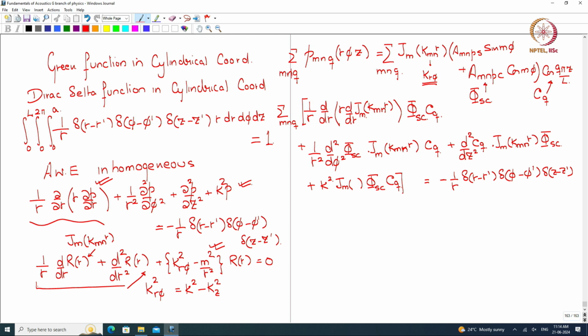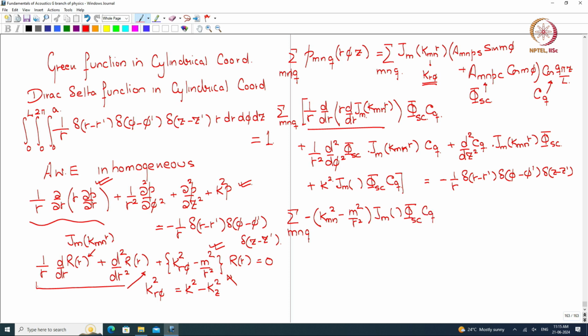Okay. So now I will take the Q from here, this operator on Jm will give me this with a negative. So I get a sum on MNQ, minus k mn square minus m square by r square, into Jm phi sc CQ.